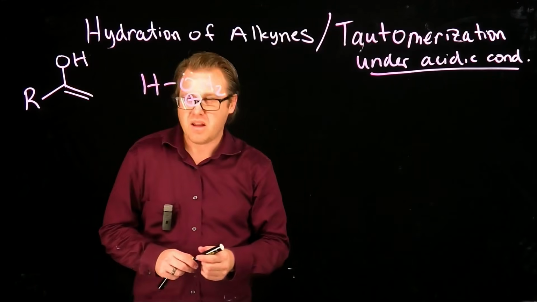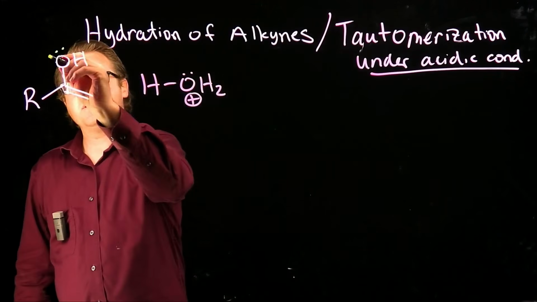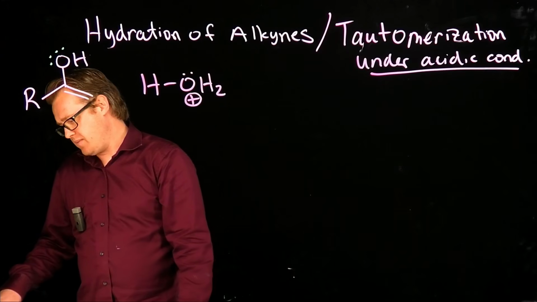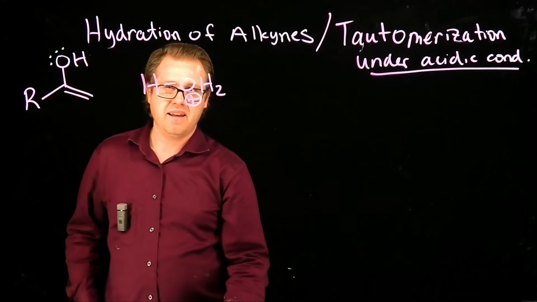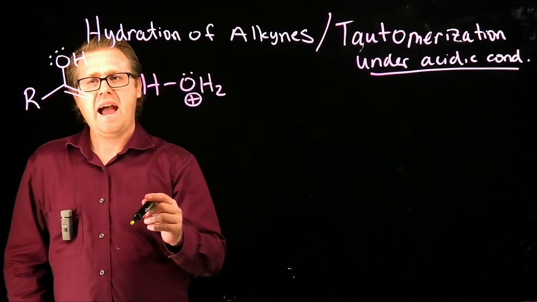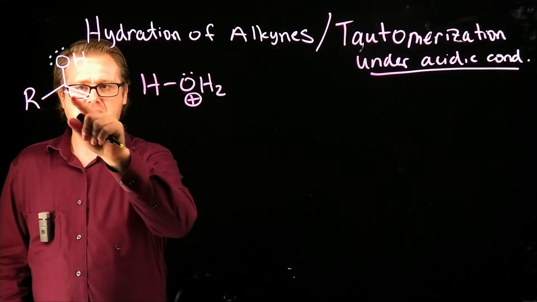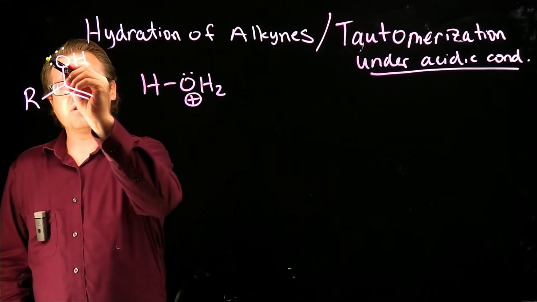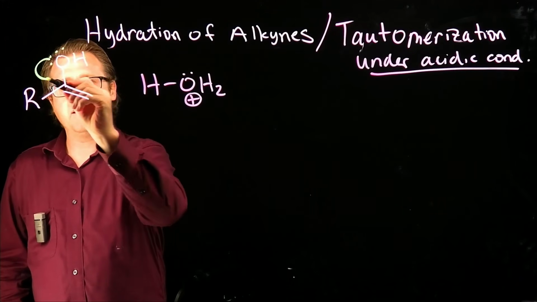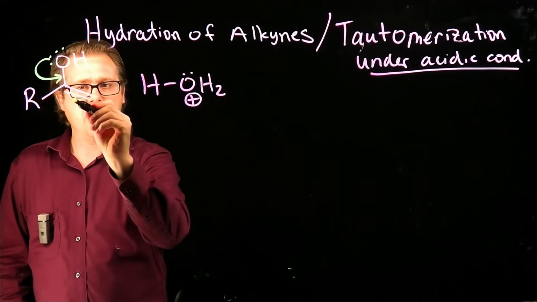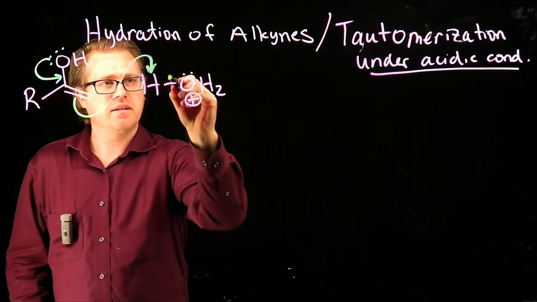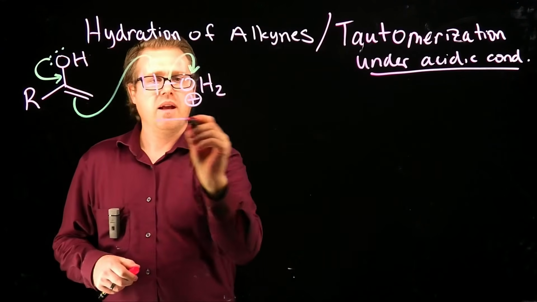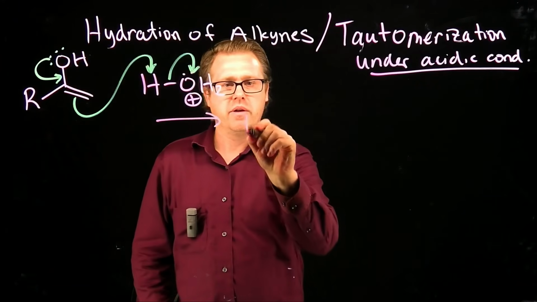Okay. And so the first step here, now, what's the best way here? I'm going to show it like this, okay? What can happen is that this alkene right here is electron rich, but it's also extra electron rich because we have these lone pairs right here that can come down, and then it can come and grab it, like so. And when you do that, you're going to get what?